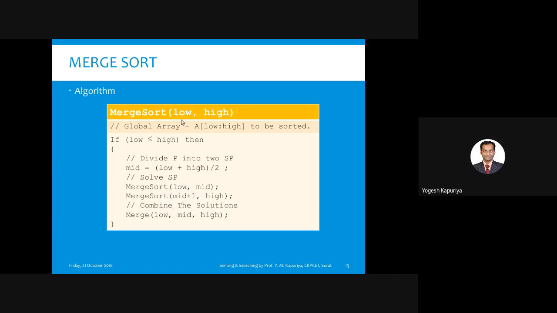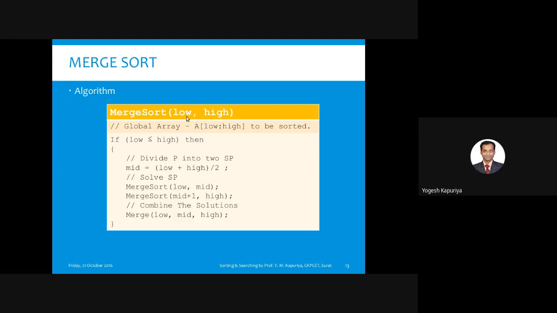Okay, so let us understand this. What we are doing, we are first dividing a P into two sub problems. So low plus high by 2, that means we are finding the midpoint. So mid is equal to low plus high by 2. So now we actually have three indexes: one is low, second is the mid and third is high.